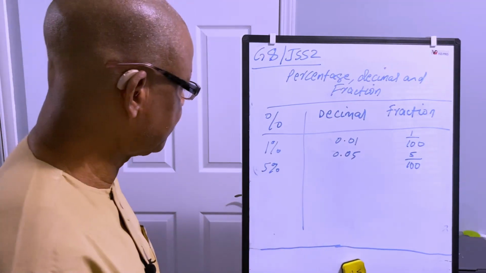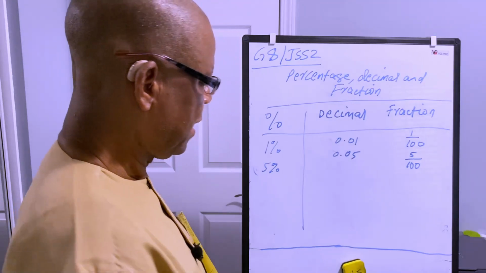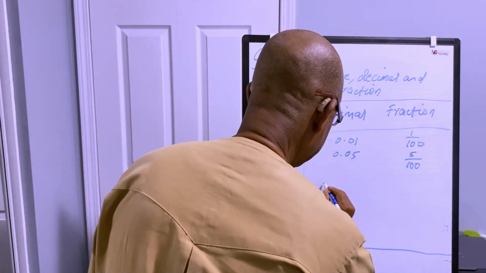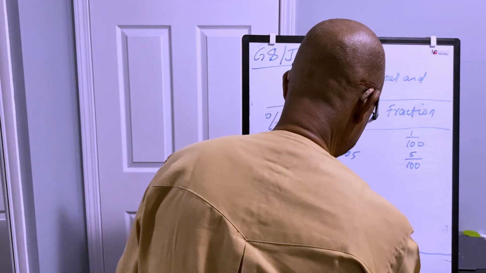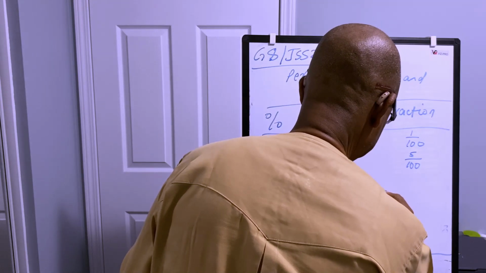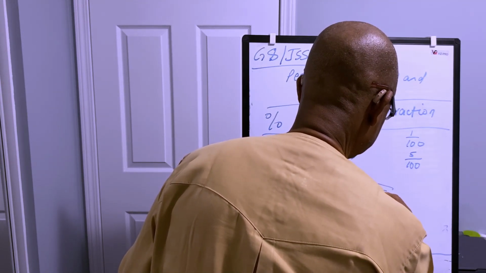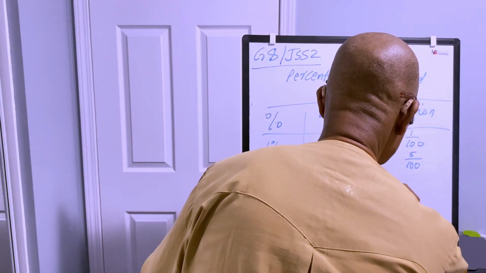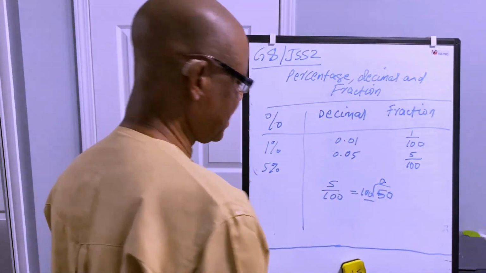So 5% is 0.05. How do we get the 0.05? That is 5 divided by 100. 5 divided by 100, it cannot, so you put 0 point. You add 0 here. 50 divided by 100, it cannot.